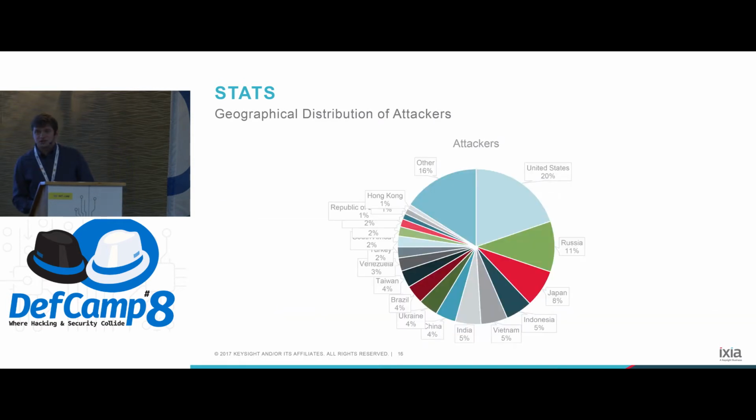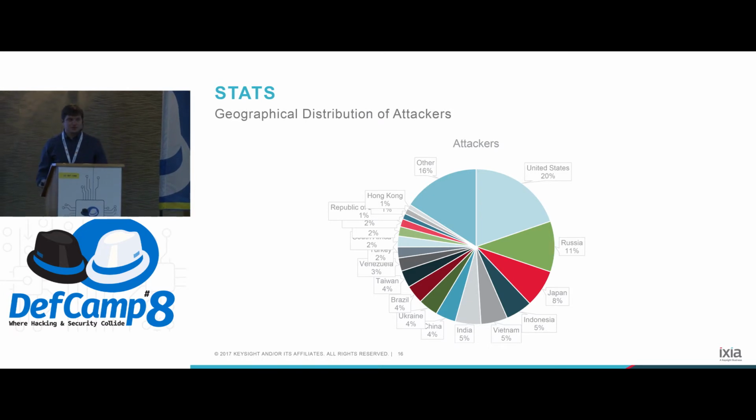Then I tried looking into attackers themselves, trying to identify what kind of boxes they're attacking, what kind of machines they're exploiting. So my first idea was to look at geolocation and geographical distribution. Again, the United States rules everything. Obviously, whenever we're dealing with attackers, the US is somewhere up at the top.